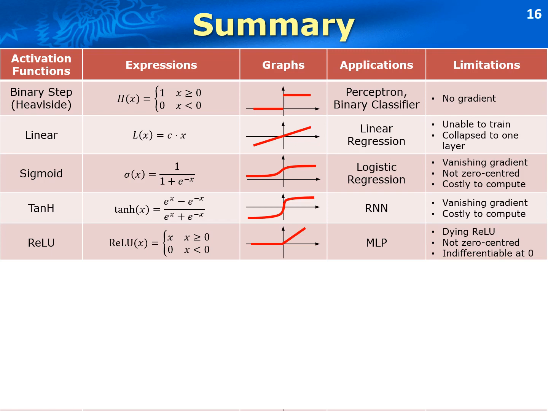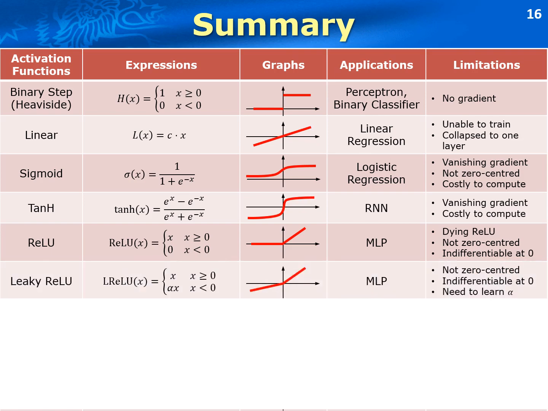However, it has the dying ReLU problem and is not differentiable at the 0 point. To address the dying ReLU problem, its variation, leaky ReLU, is devised. For the negative part, leaky ReLU introduces a hyperparameter alpha, which is user-specified. If alpha is learned during the network training, this function is called parametric ReLU.